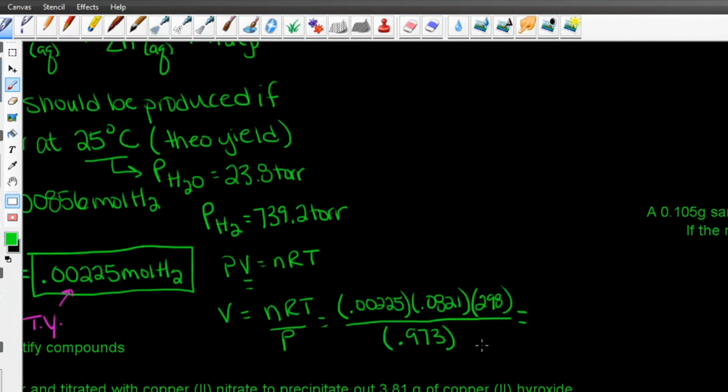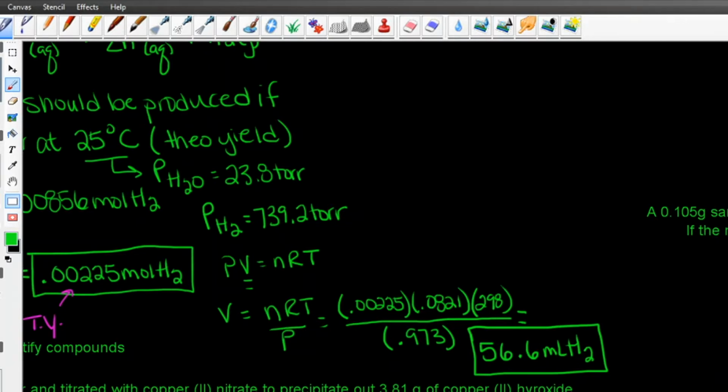I get 56.6 milliliters of hydrogen gas produced. That is my theoretical yield, how much hydrogen gas I should be able to make in this reaction.